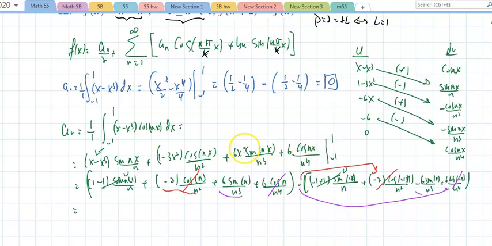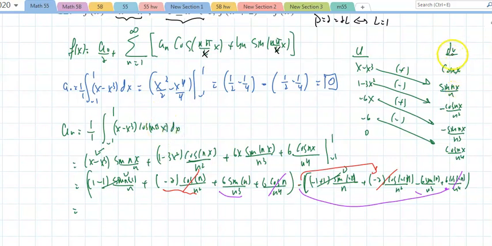Let me see what happened here. If I put a 1 in there, that's going to be 6 times n divided by 2. Let me double check. There it is. I caught it. I left the pi out. n pi x dx.